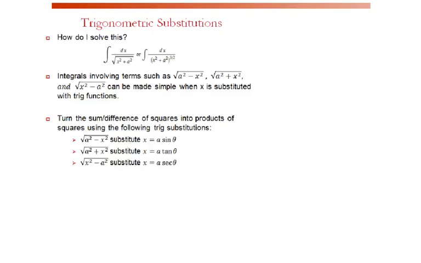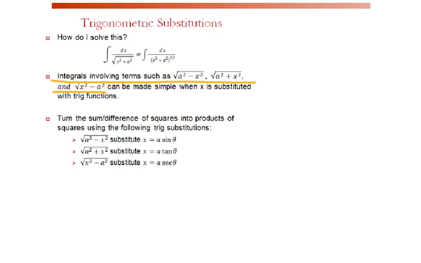Now that we've gone through that problem to build our intuition, I want to lay out some formulas for you. Anytime we see integrals that have terms in them such as the root of a squared minus x squared, the root of a squared plus x squared, or the root of x squared minus a squared, we can use trig substitution to get rid of a sum or a difference of squares and move to products through the Pythagorean identities.